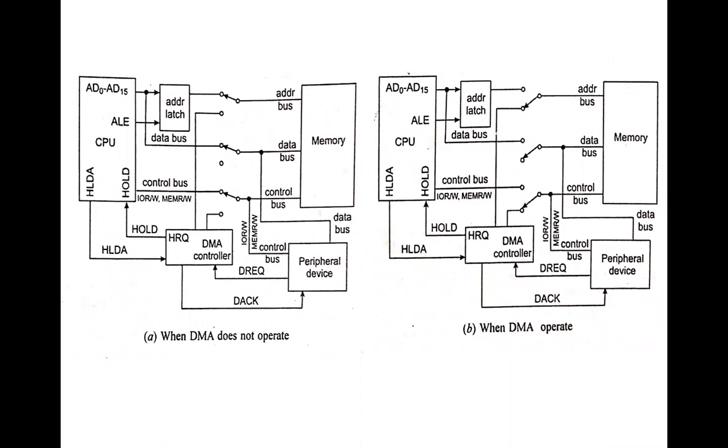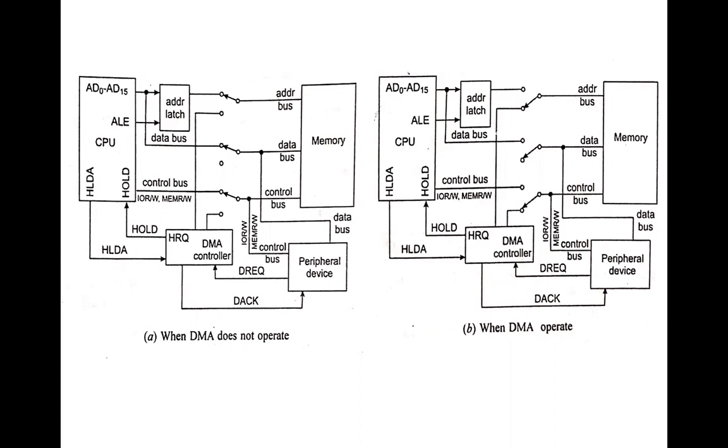This external device is going to generate the address as well as the control signals required to control the transfer of the data, and it is going to allow the peripheral devices to directly access the memory, so that either the peripheral device can copy the data into the memory, or from the memory, the data can be copied to the output device.